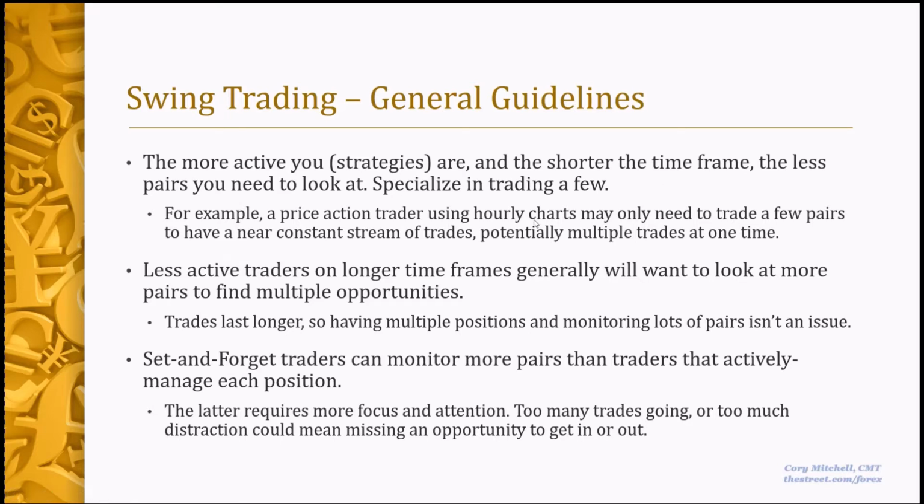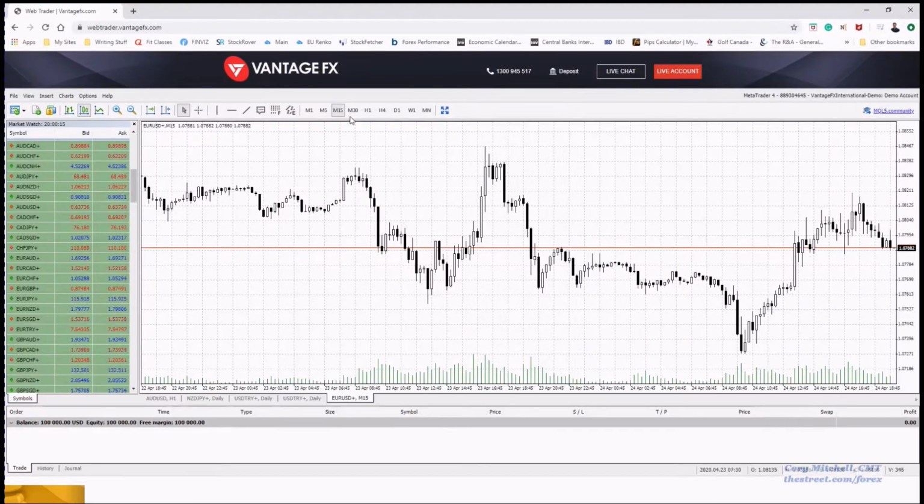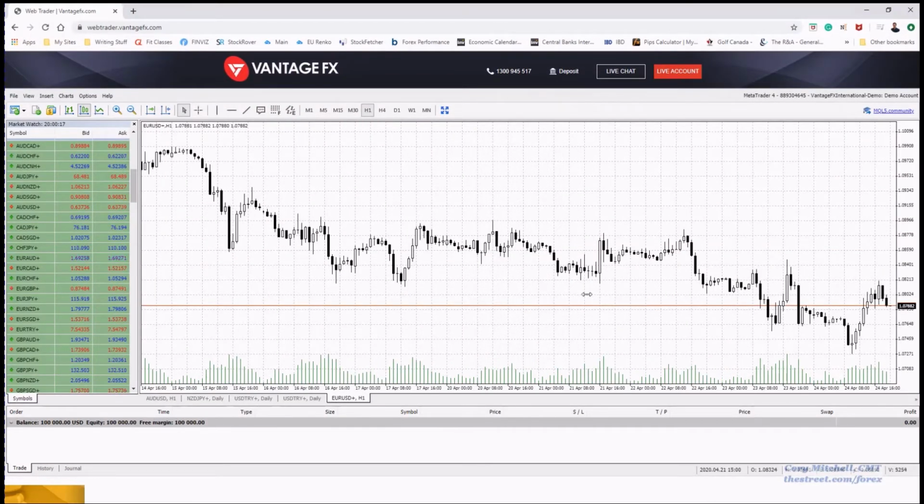So for example, a price action trader using an hourly chart may only need to trade a few pairs, and that could give them a constant stream of trades and potentially multiple trades. So what I mean by a price action trader is, let's go to an hourly chart, and someone who's just assessing every single one of these price waves.